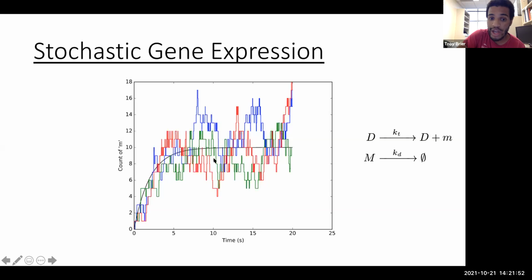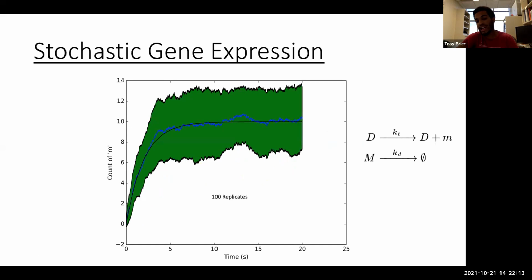The green, red, and blue lines show different trajectories evolving through time using the exact same kinetic scheme, whereas the black line is what you would get from an ODE or a deterministic method, where your input is directly going to correlate to the answer you get, and that will not change.